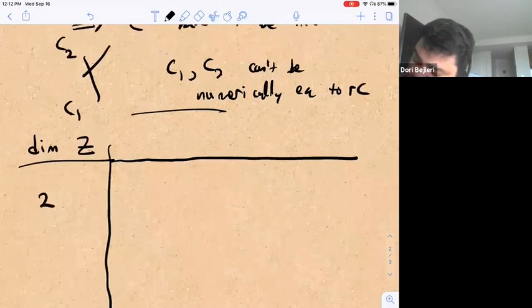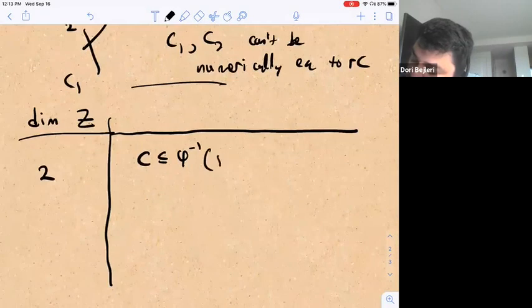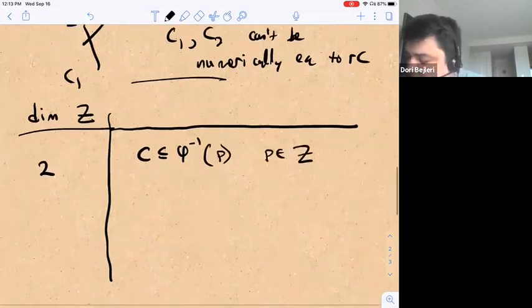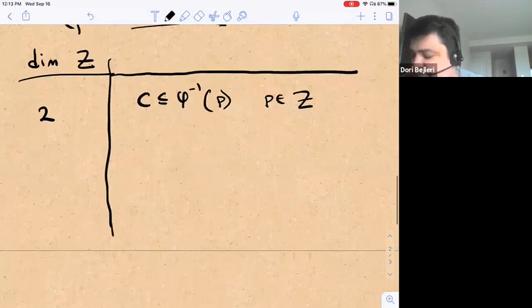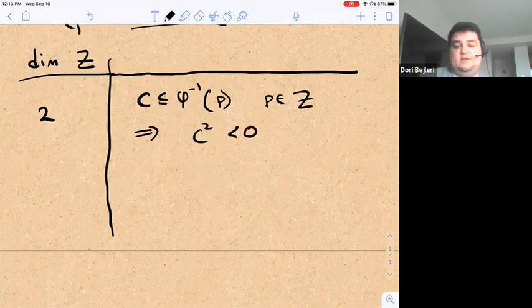Well, if we have a curve in the fiber of this phi for some p in Z, which is two-dimensional, then we had this fact from the Hodge index theorem that implies that C squared is negative because it's in the fiber of a birational map.